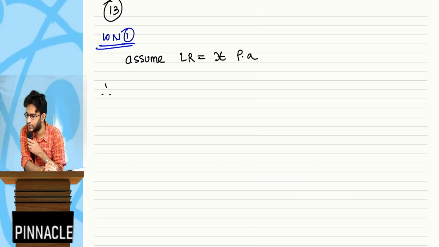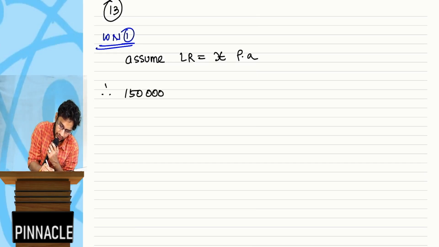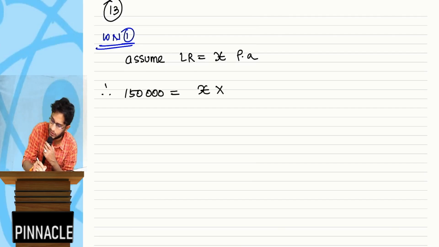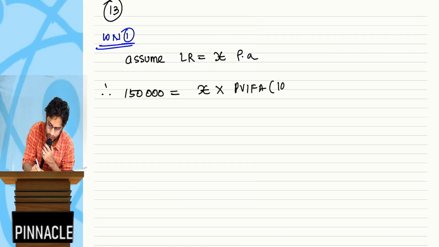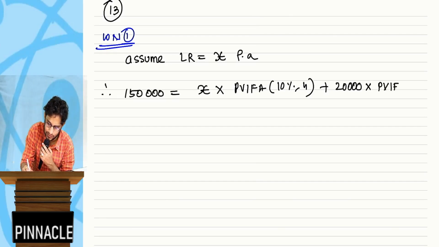Therefore, what is the cost of the asset? 1,50,000. 1,50,000 is equal to X into PVIFA 10%, 4 periods, plus what is the UGRV? 20,000. I think the sum is half of the previous sum, the numbers are half, sir.